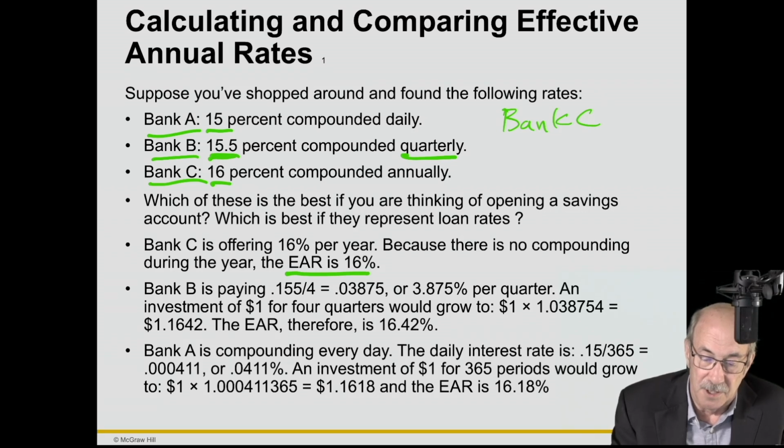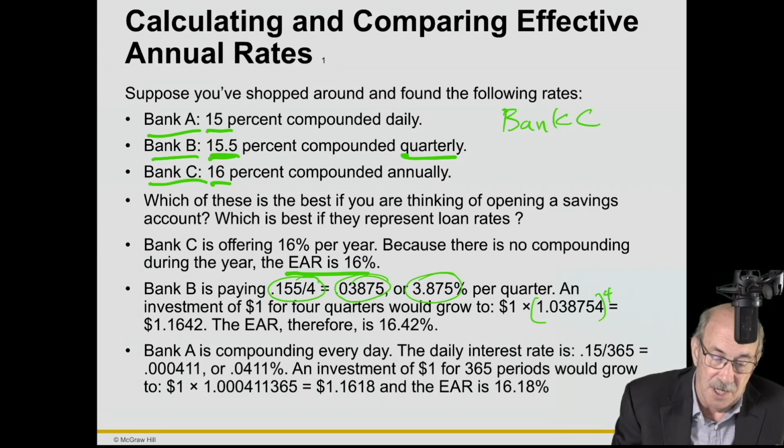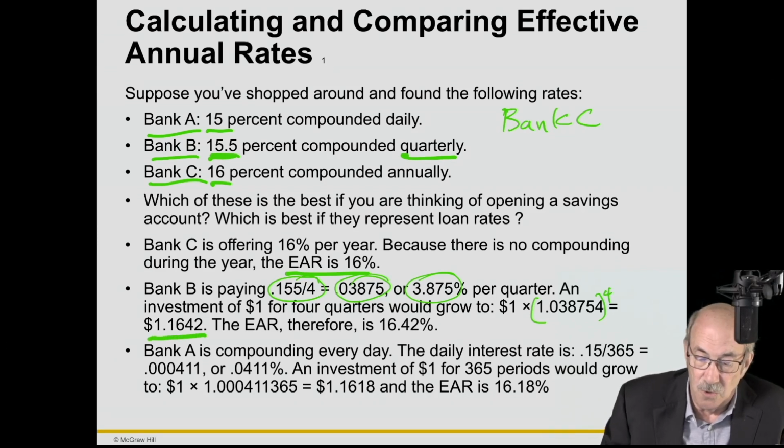And we get that the rate is 3.875% per quarter, and 1.03875 raised to the fourth power times $1. Again, there's an error right here. That should be raised to the fourth power, is $1.1642, or an EAR of 16.42%.